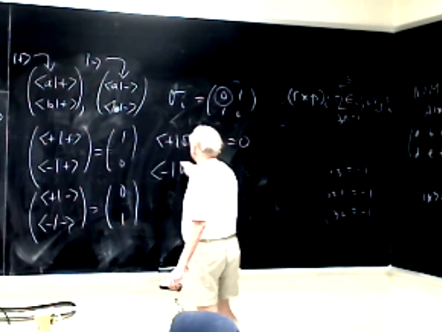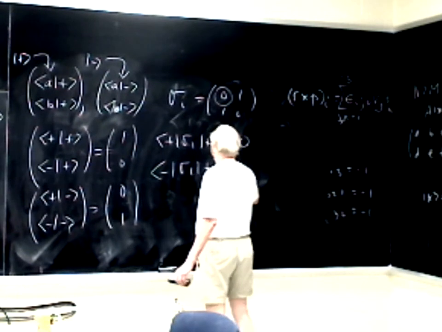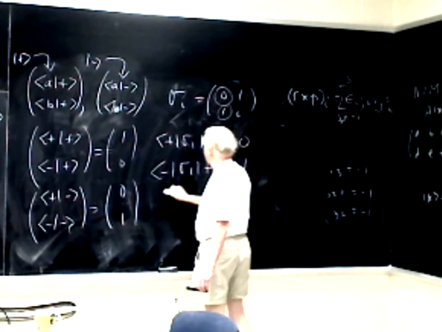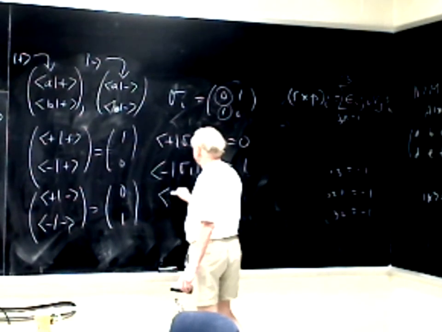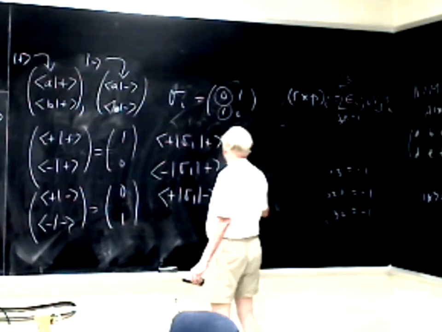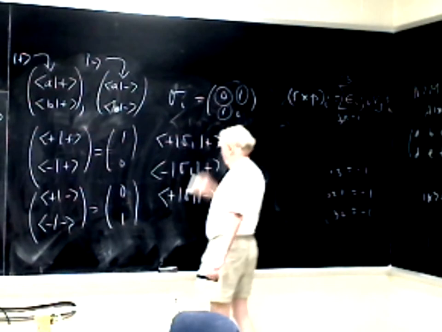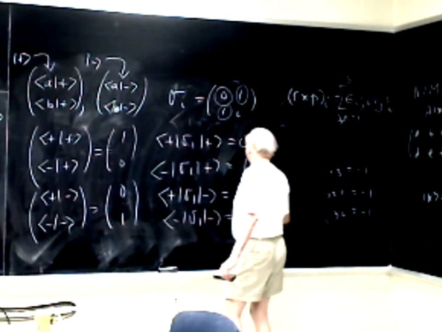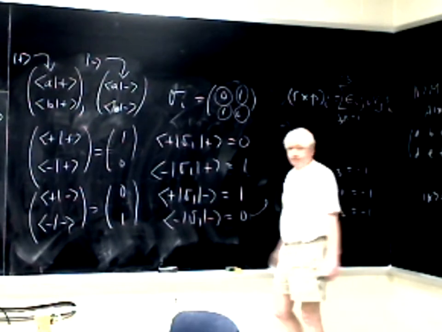We say minus sigma 1 plus is equal to 1. That's this guy. We say plus sigma 1 minus is equal to 1. That's this guy. And we say minus sigma 1 minus is 0, and that's this one.